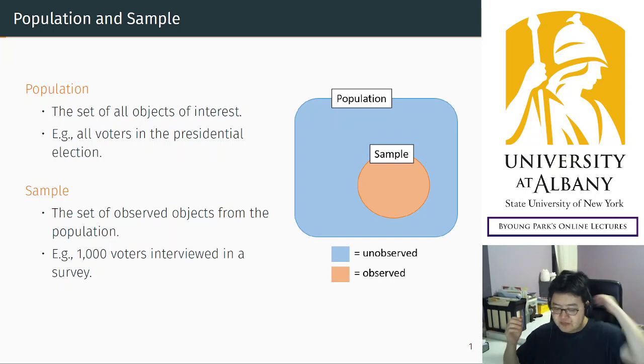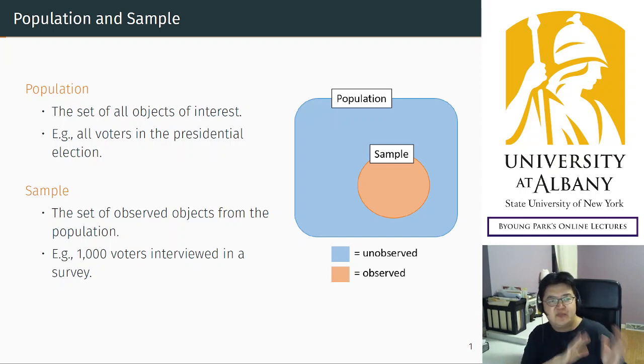Earlier in this course, in chapter 1 and several times, I roughly explained the population is when you repeat the experiment for an infinite number of times, but the sample is the outcome when you repeat the experiment for a finite number of times.